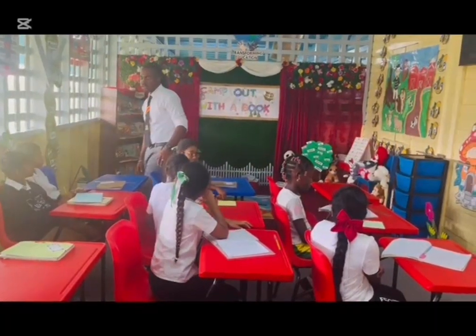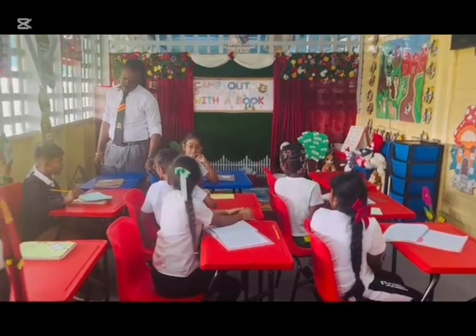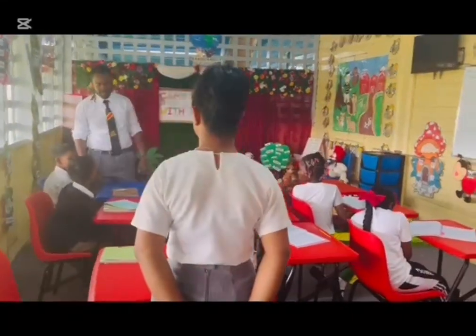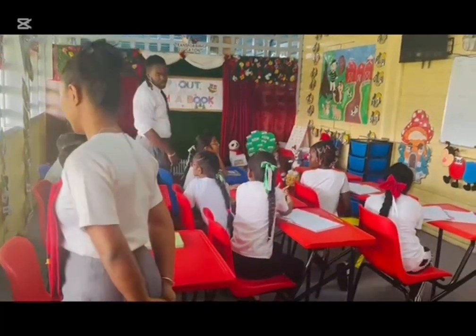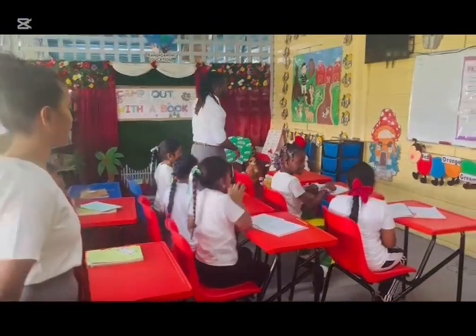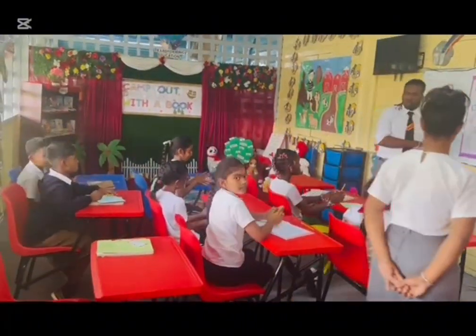Back group, what is your length? 28. And your breadth? 80. And the perimeter for the whole shape? 92. Good. Give yourself a clap.